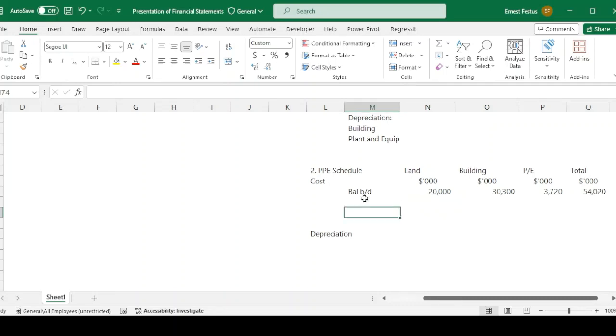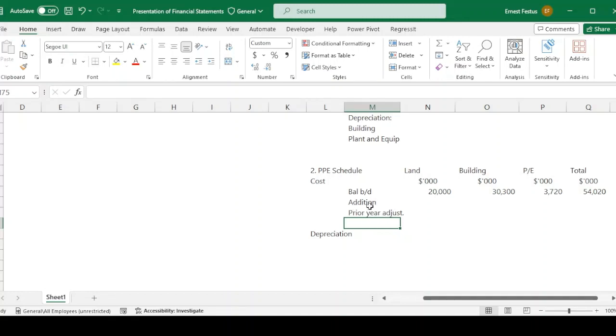Then the next thing we bring here is if there are any additions. If there is any addition to our PPE, or any prior year adjustments, we take care of all those items.